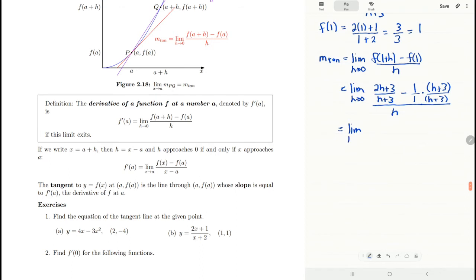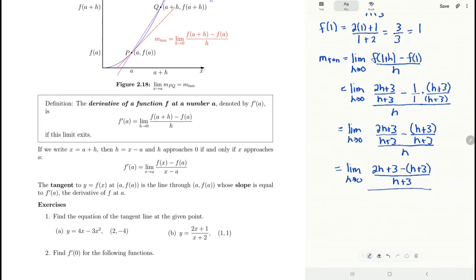So we have the limit as h goes to 0 of (2h + 3) over (h + 3) minus, in brackets, (h + 3) over (h + 3). And that's all divided by h. And now that they have the same denominator, we can combine the fractions. So we have (2h + 3) minus (h + 3) all over (h + 3), and that's over h.